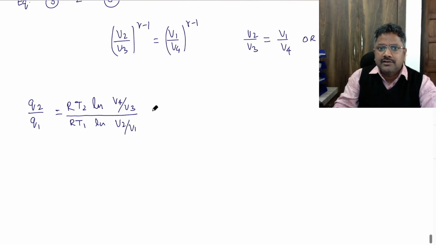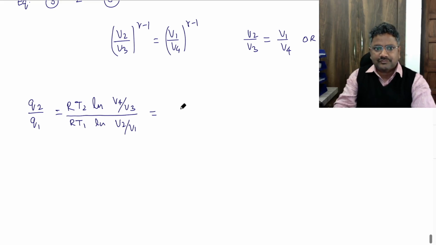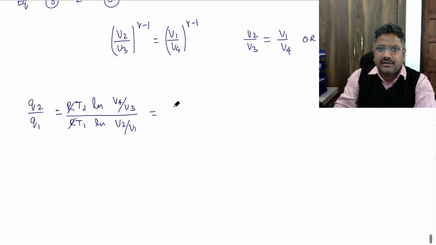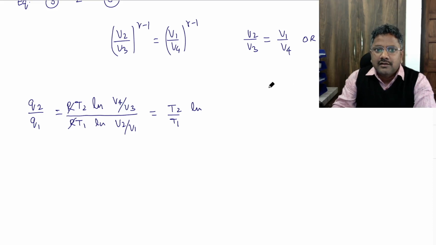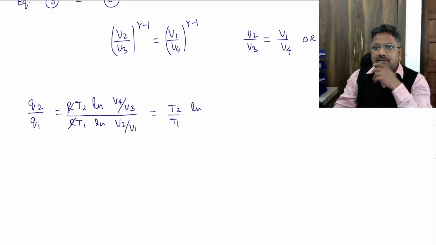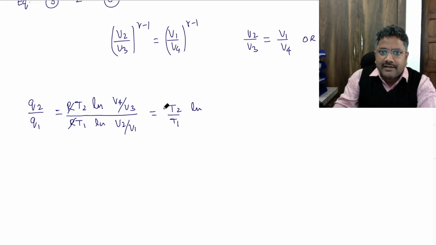So this you can write: R and R cancel, T2 by T1 ln V4 by V3, and V4 by V3 is the inverse of V3 by V4, so we can write here minus ln V3 by V4 divided by ln V2 by V1.